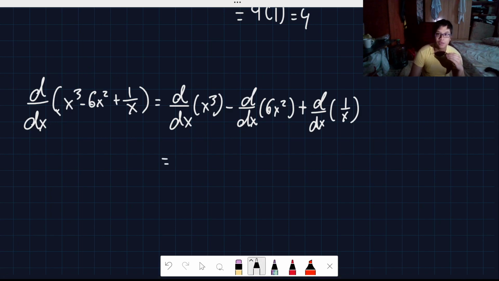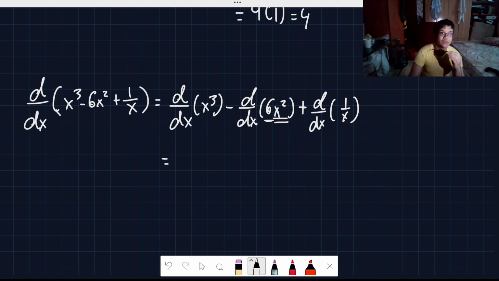So now, we have 6x squared here as our second term, right? So we have a constant that acts as a coefficient to x squared. So we're going to apply the constant multiple rule of differentiation. Again, what's the constant multiple rule?